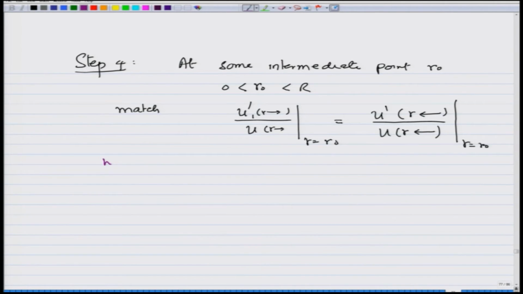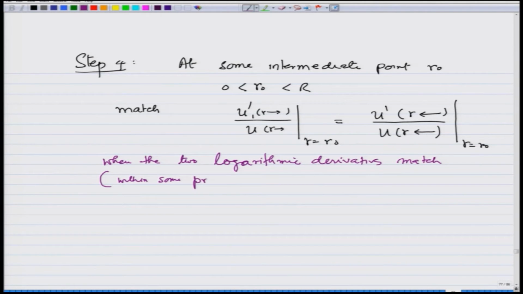When the two logarithmic derivatives match, and I have to say it within some predefined accuracy, you will never get them to match perfectly.